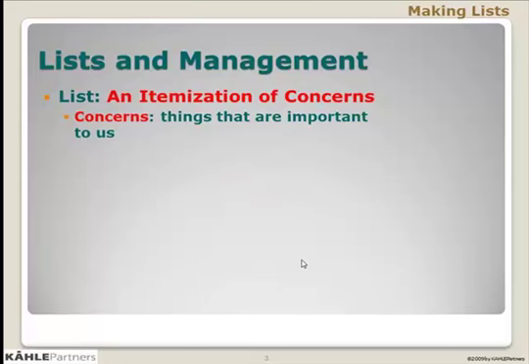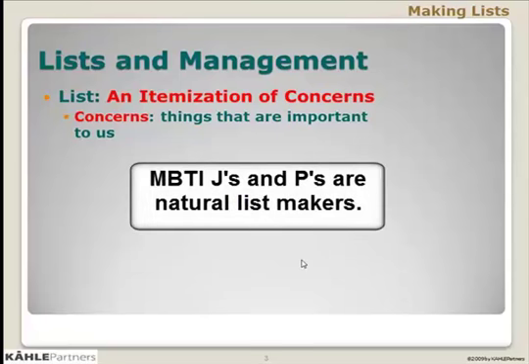Now, the folks who happen to be J's under the Myers-Briggs type inventory, also known as the MBTI, are probably beside themselves with glee at the moment because by temperament, they are inclined to make lists of everything regardless of whether the items are of concern to them or not. Now, this is also true of P's under Myers-Briggs, but P's tend to make lists and then promptly lose them, so the P's don't count.